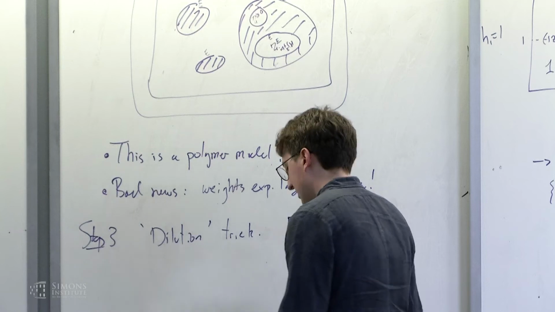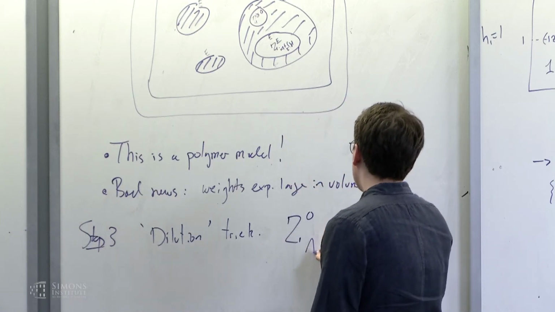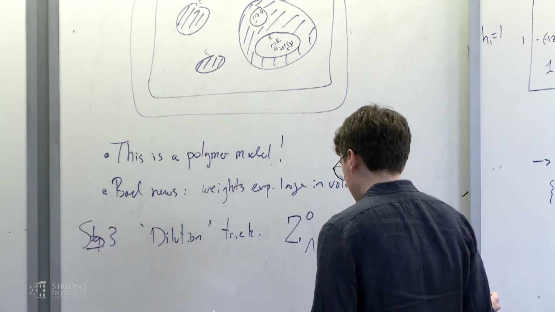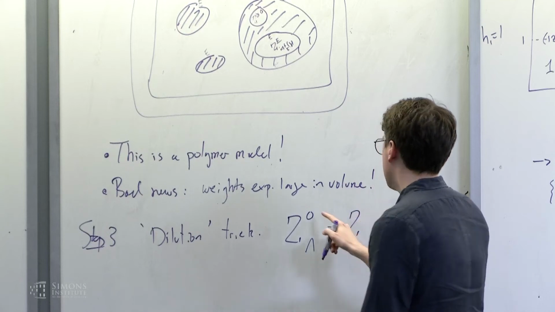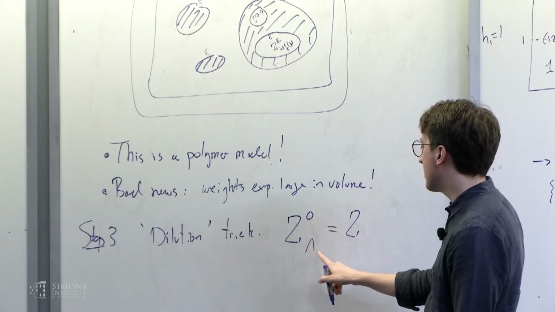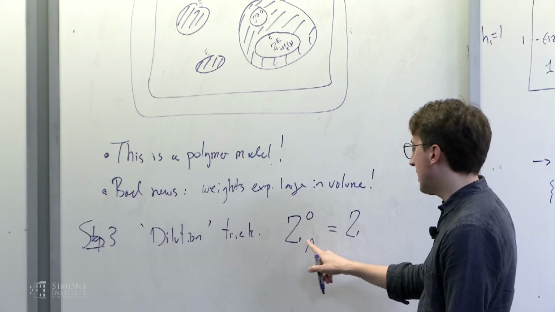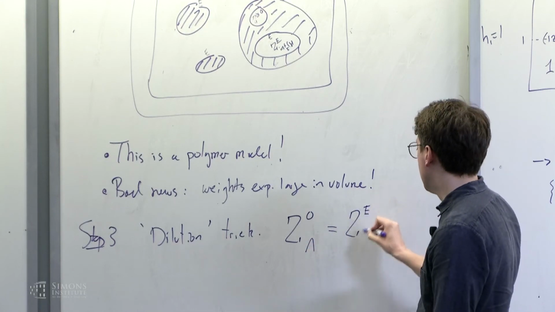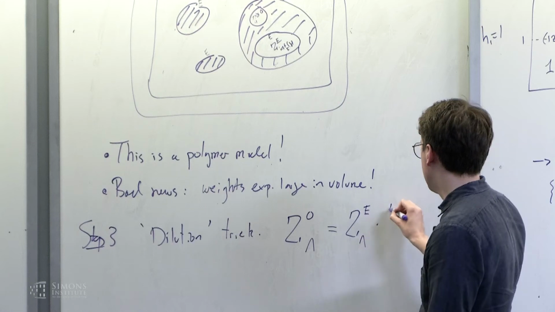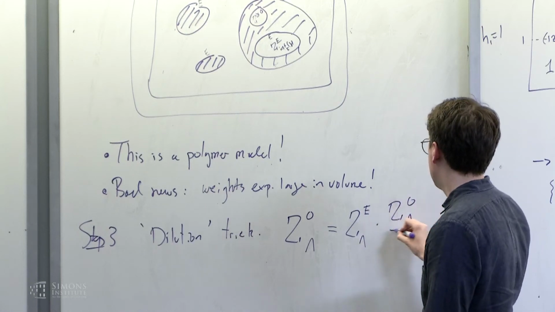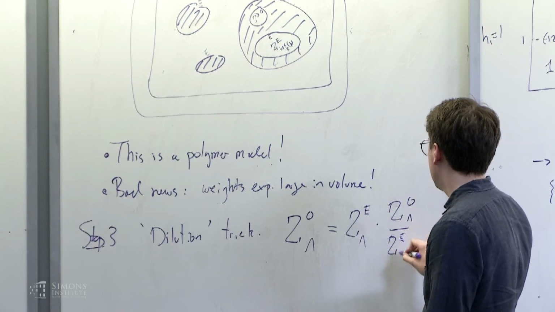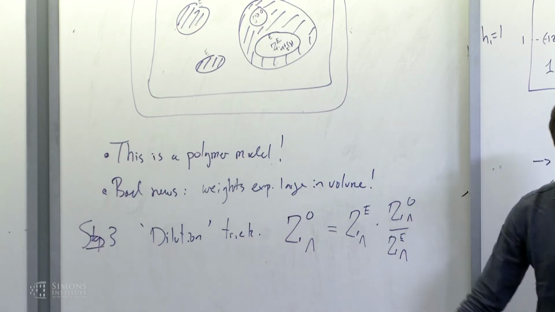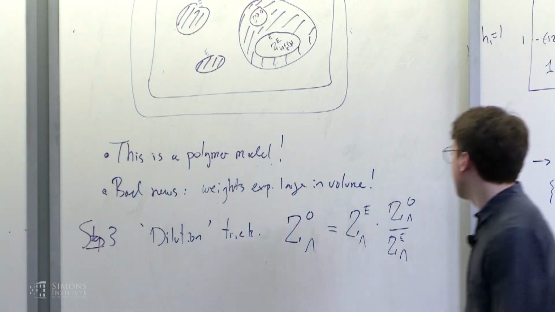And like any good trick, it looks very stupid. So I can rewrite the odd boundary partition function in some region lambda. So now lambda is going to be like the interior of some contour. Well, it's that times that, multiplying by 1.